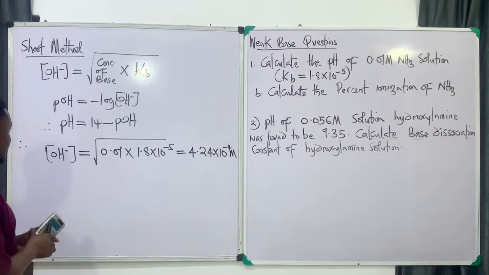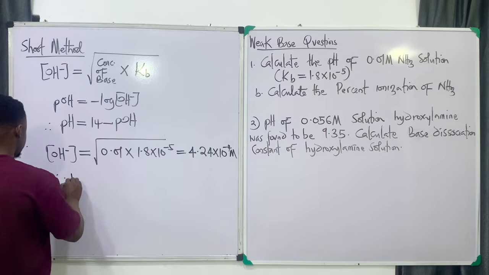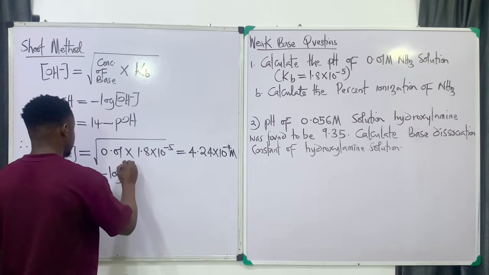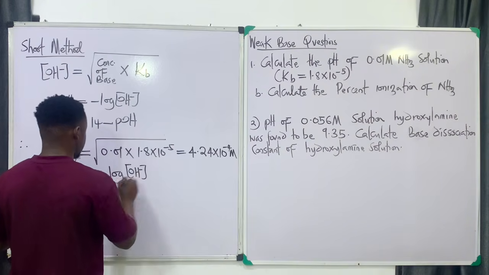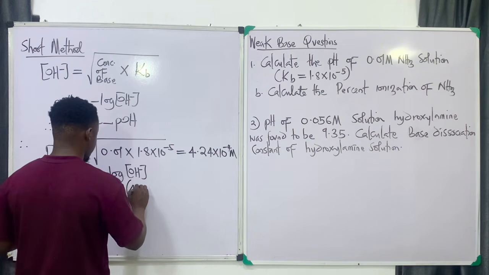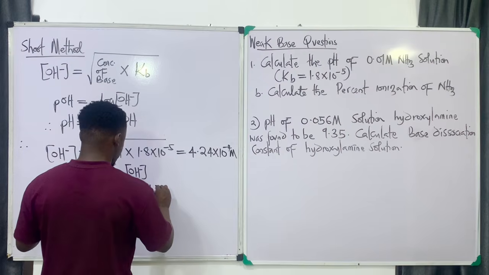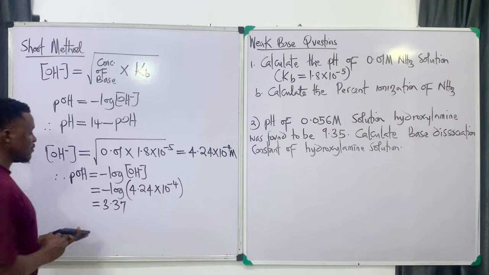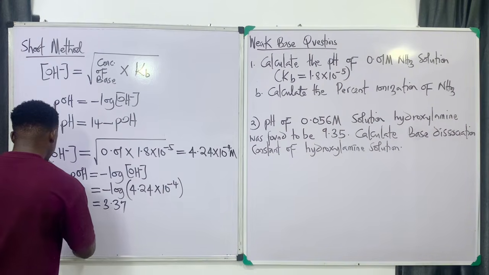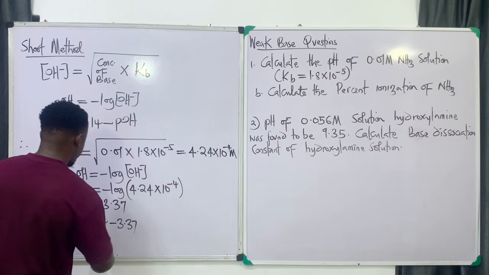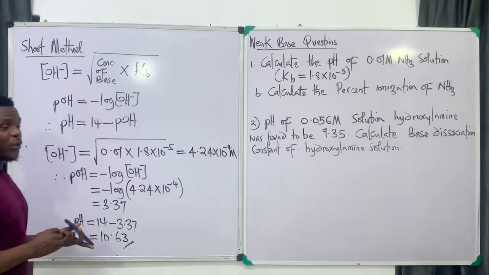Now we proceed to say pOH is 3.37. Now our pH is now 14 minus 3.37, which is 10.7, same as what we got earlier.